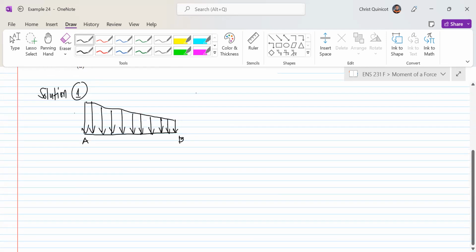So this is 100 here, 100, and this is 50 pounds per foot.